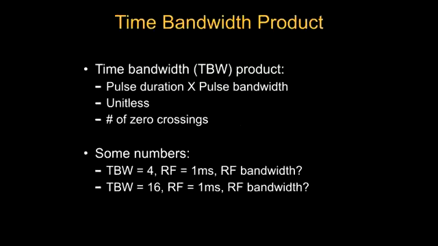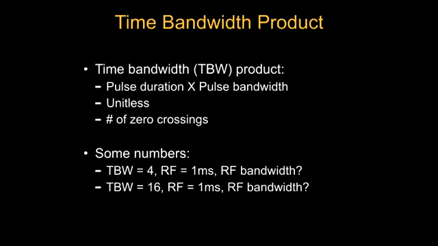Another thing you have to understand in terms of excitation pulses is the time bandwidth product. As the name says, it's time multiplied by bandwidth, where the bandwidth is the RF bandwidth. So it's basically the pulse duration multiplied by the pulse bandwidth. The number doesn't have any unit, but it means a lot in terms of the quality of your slice profile.